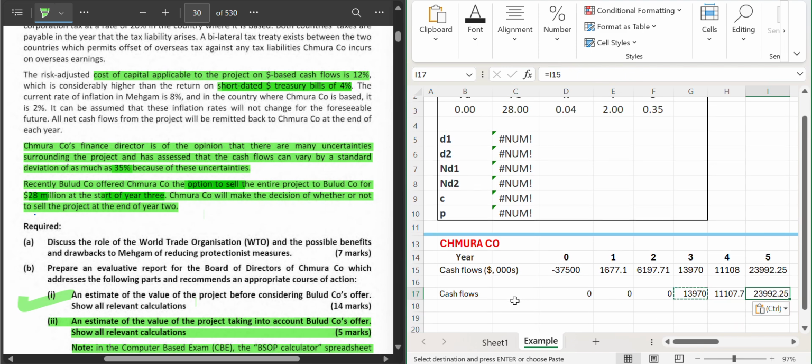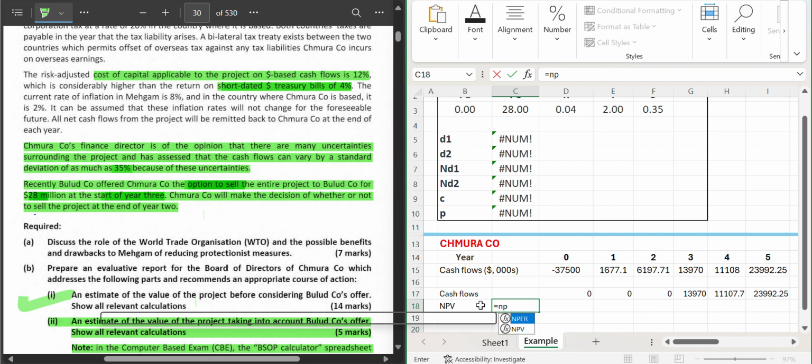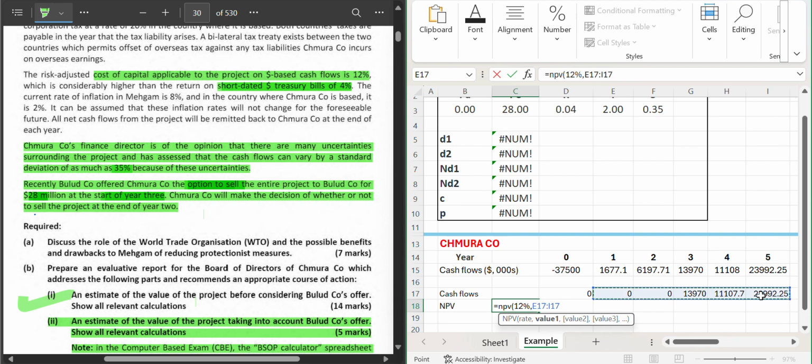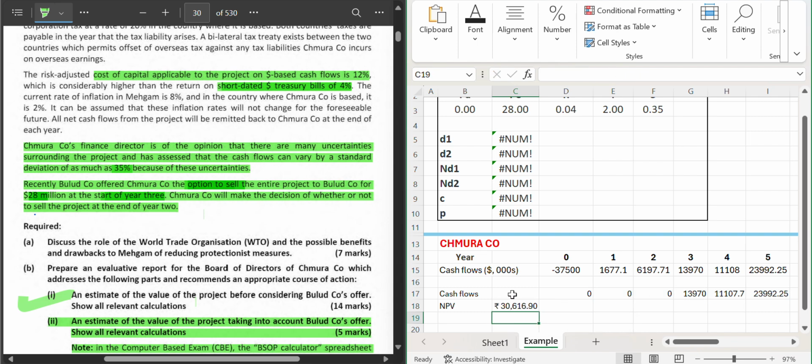Okay, and I have to calculate this NPV. So I'm calculating the NPV here, equal to NPV, rate. The rate is given here, 12%, comma, from year 1 to year 5, close bracket, enter.